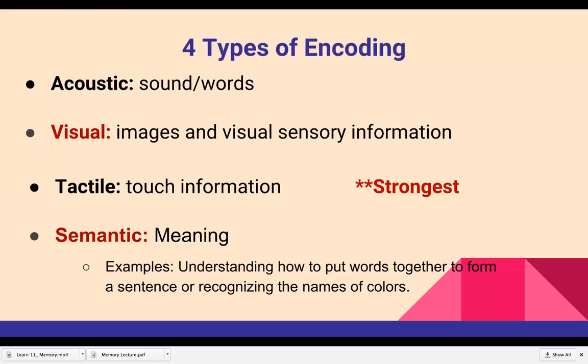Combining these 2 things is going to be the strongest way of encoding information and ensuring that it moves through the short-term and long-term memory process or stages.